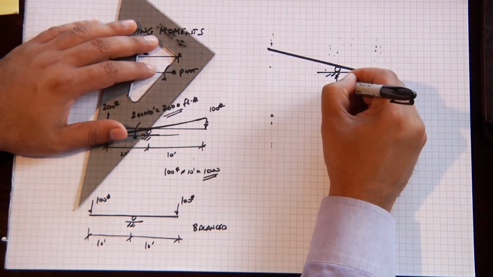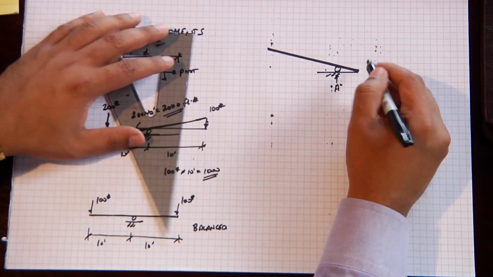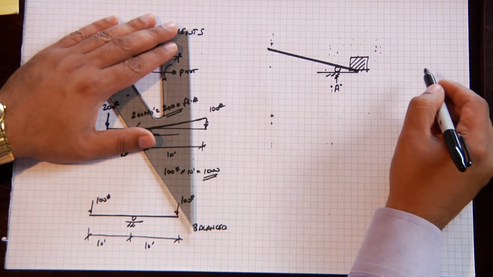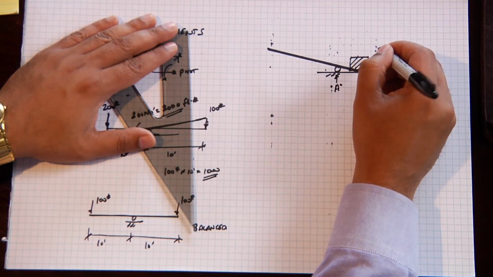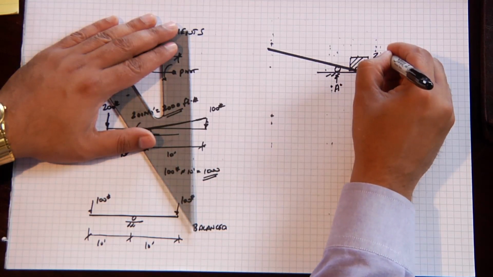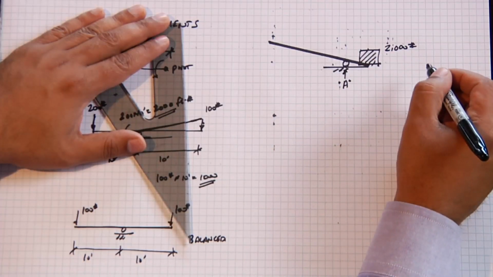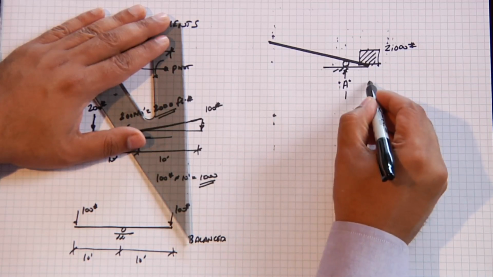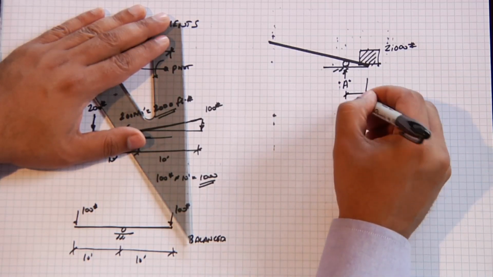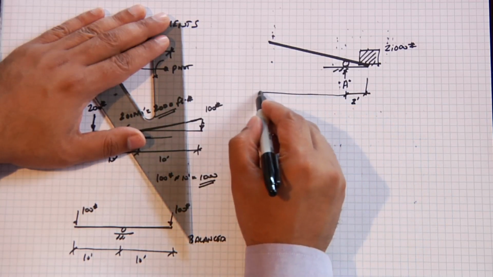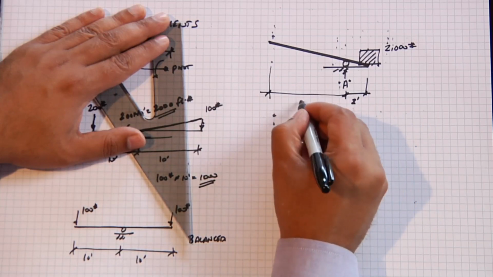We'll call this point A, and here's my beam, and we'll put a very heavy mass over here. For right now, we'll say this mass weighs approximately 1 ton, a 2,000 pound mass, and we want to lift that mass up. The distance from here to the center of that mass is, say, 2 feet. And the distance from here to the applied load, we'll say for right now, is 20 feet.